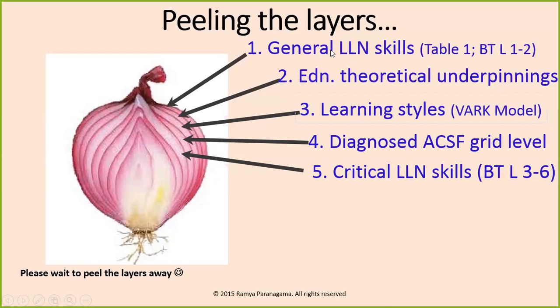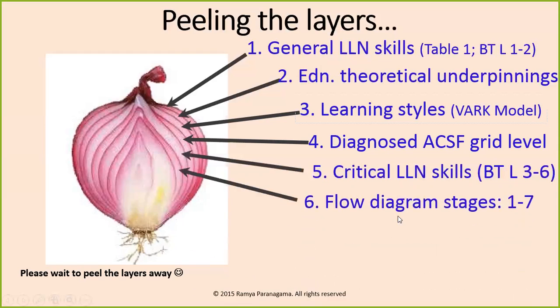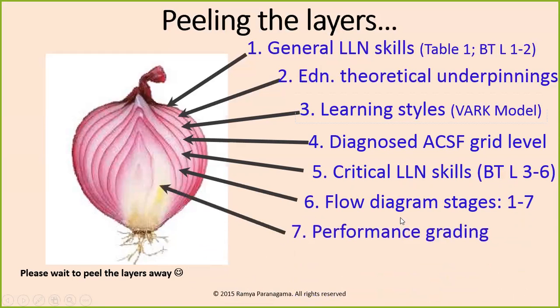So from a general LLN skill to critical LLN skill, there are 3 more unforeseen layers that should be taken on board. Now we are getting to number 6, which is my flow diagram level 1 to 7. And you saw that. Down the 6th layer, the 7th layer is performance grading, how you grade the submitted work.